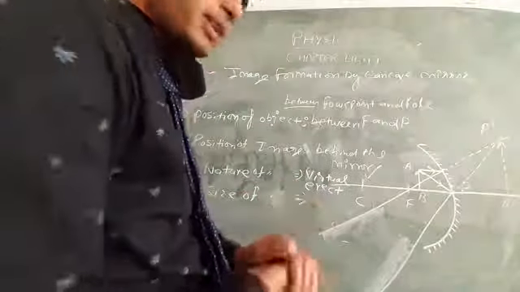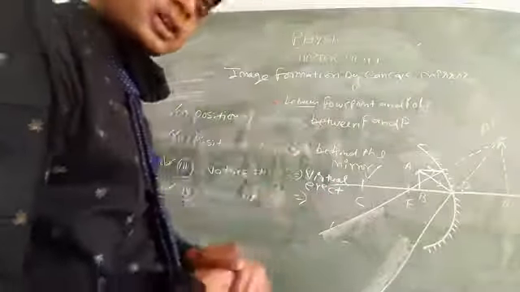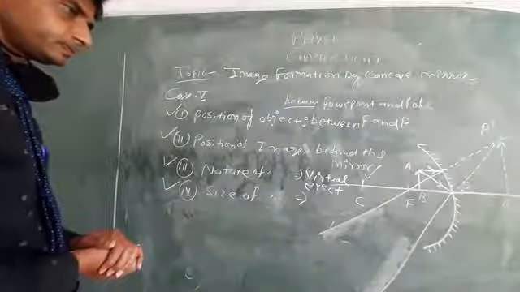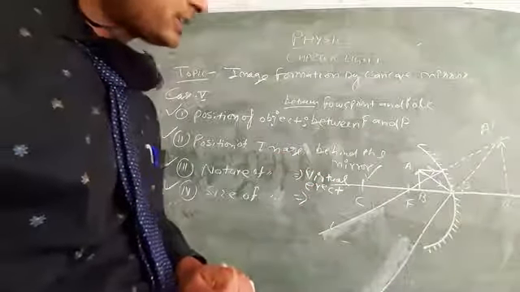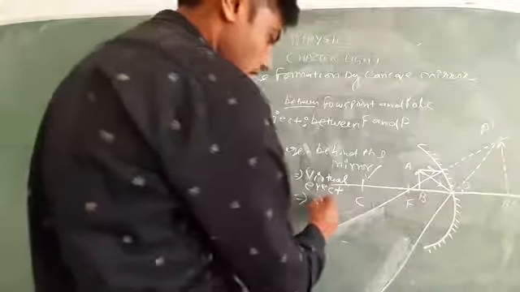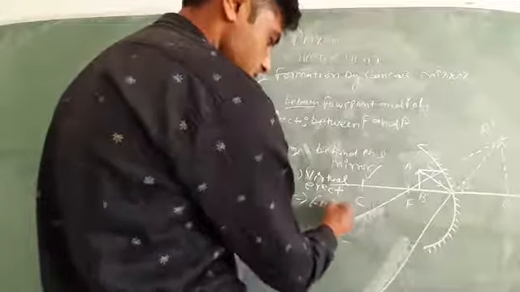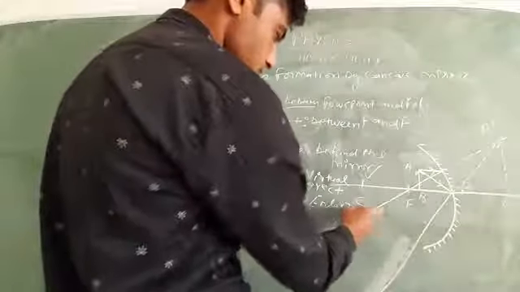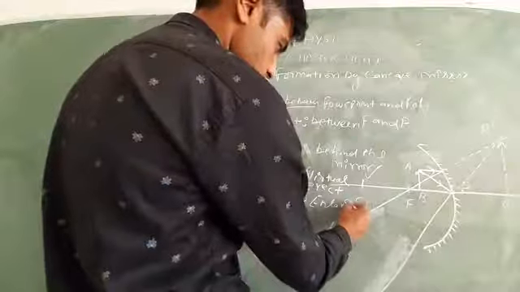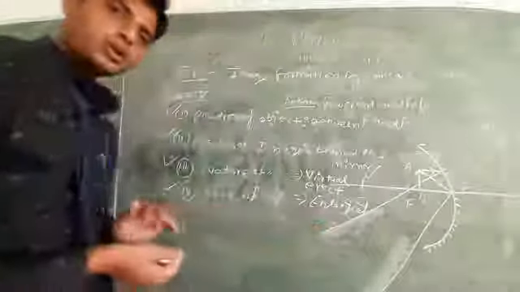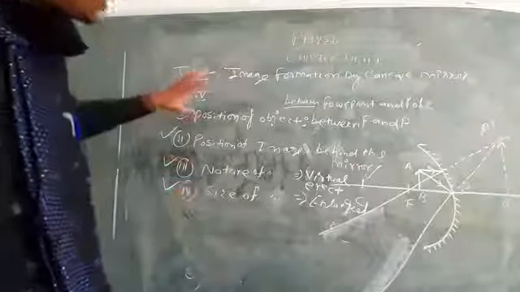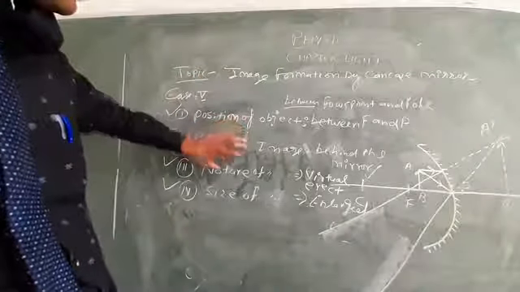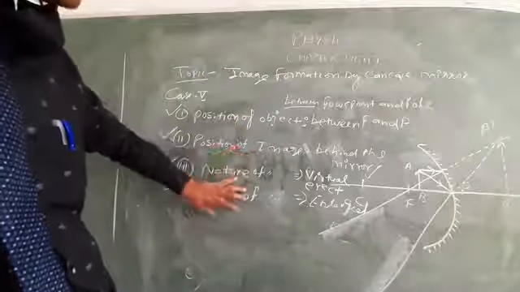Virtual and erect is the nature of image. And about size, you can see clearly this is enlarged, bigger than the object. So this is the position of image, nature of image, and size of image.